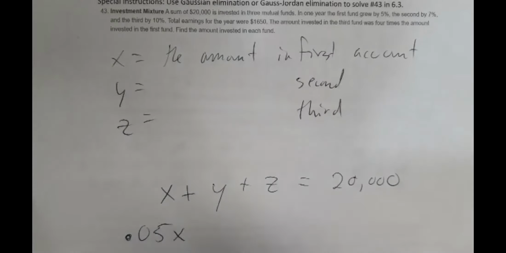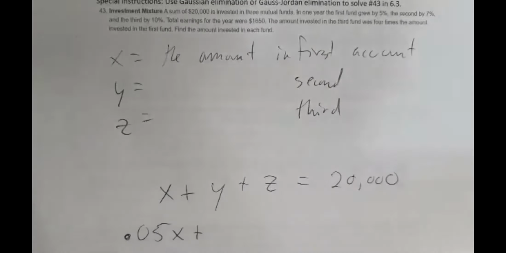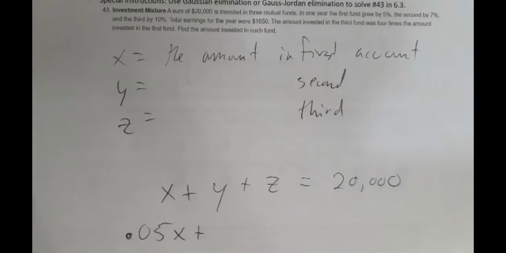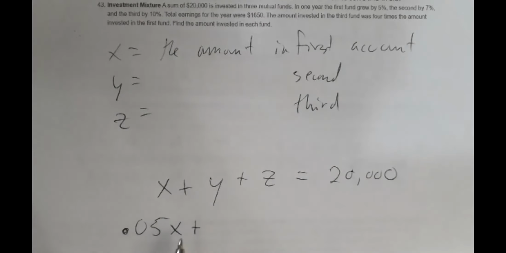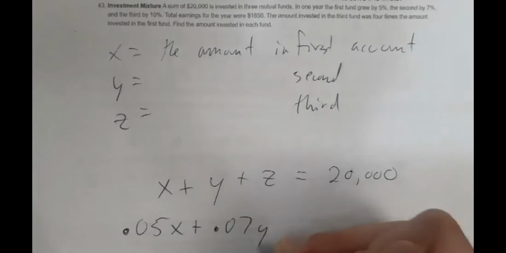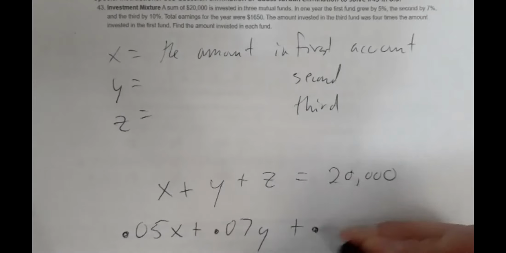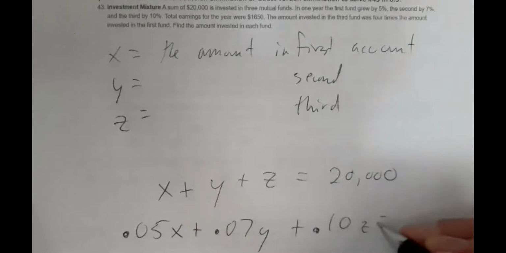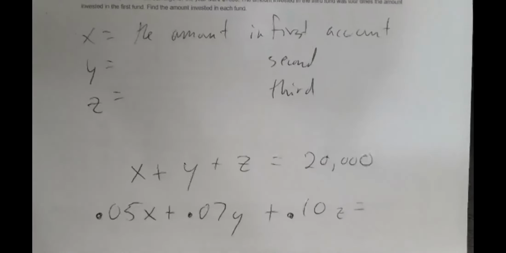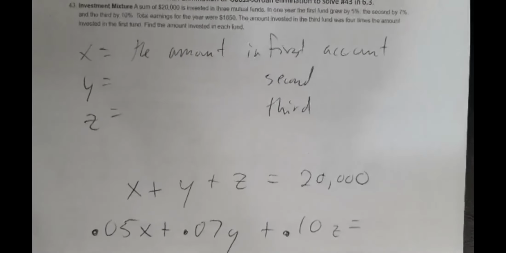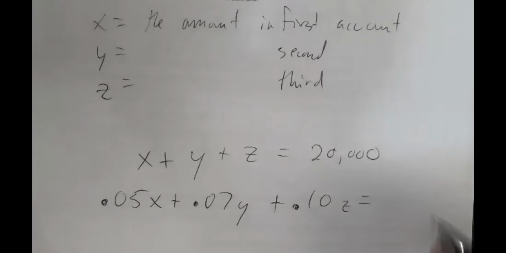I think they're just doing the 0.05x just to do the earnings on it, because it's going to be 5% of whatever is in x. The next one is going to be 7% of whatever is in y. And then the last one is 10% of whatever is in z. And if we add these all up, these are the earnings. So the earnings was 1650.